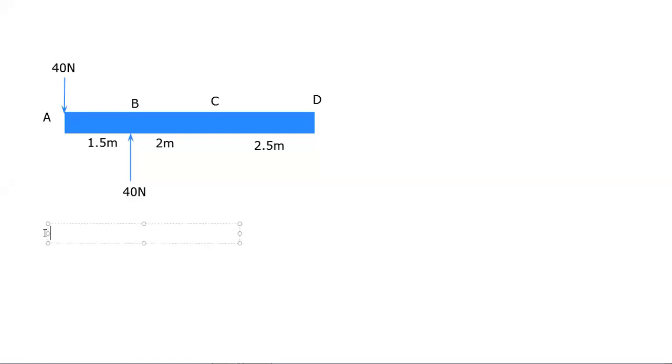Now here, moment at point A will be equal to, we are again continuing this thing, that first of all 40 multiplied by 0, okay, 40 multiplied by 0, plus again this 40 which is in anti-clockwise direction, that's why its sign will be positive, to this distance 1.5, okay, into 1.4.